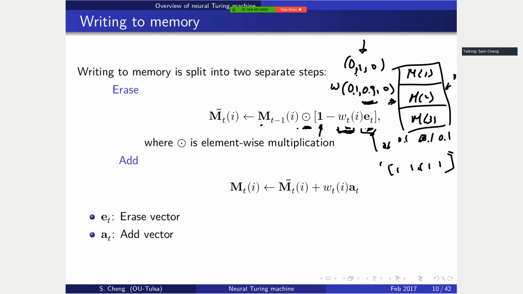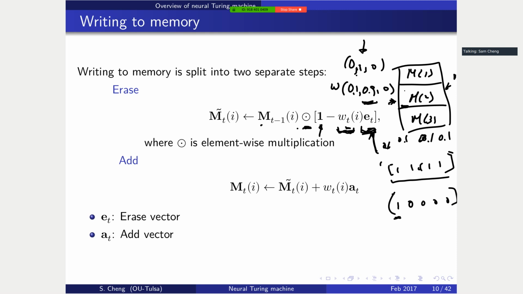And I have additional flexibility from this E_t. My E_t can also be not an entire vector of 1s. I can erase just part of the vector. Maybe I have 1 here and the rest is 0. Then in that case, I will be just erasing the first element of this vector M2.